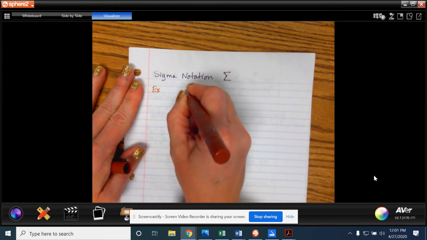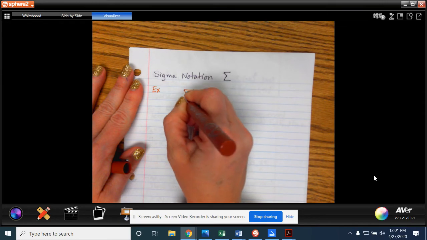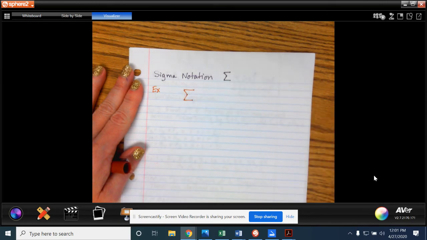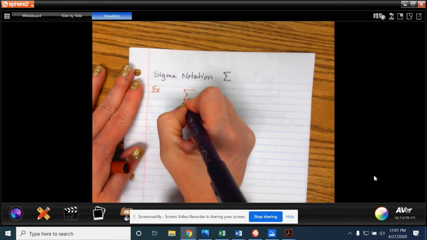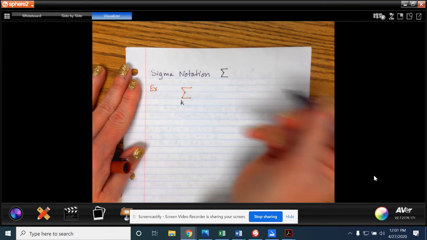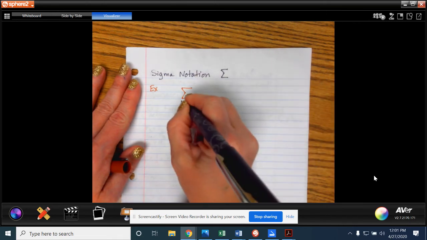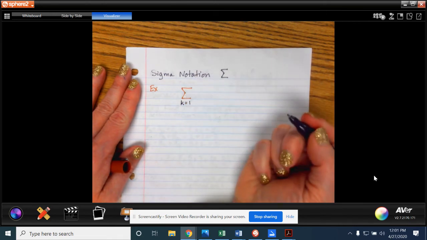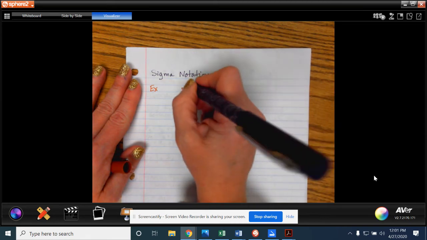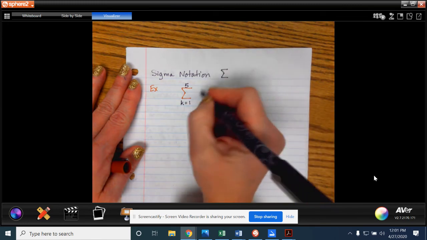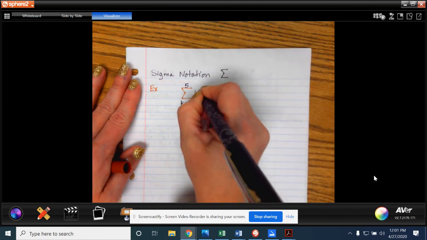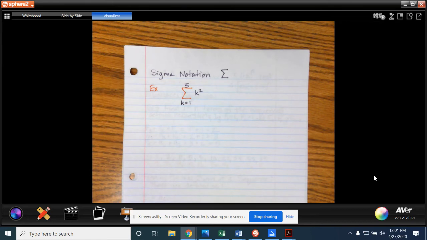So I have maybe sigma, the sign, and then I have a number on the bottom, and let's say it's K. Sometimes it's X, sometimes it's T. It could be any letter it wants to be, but it's going to be equal to some number, typically. And then the top, let's just say it's a number 5, and this says maybe K squared. What does all of that mean?